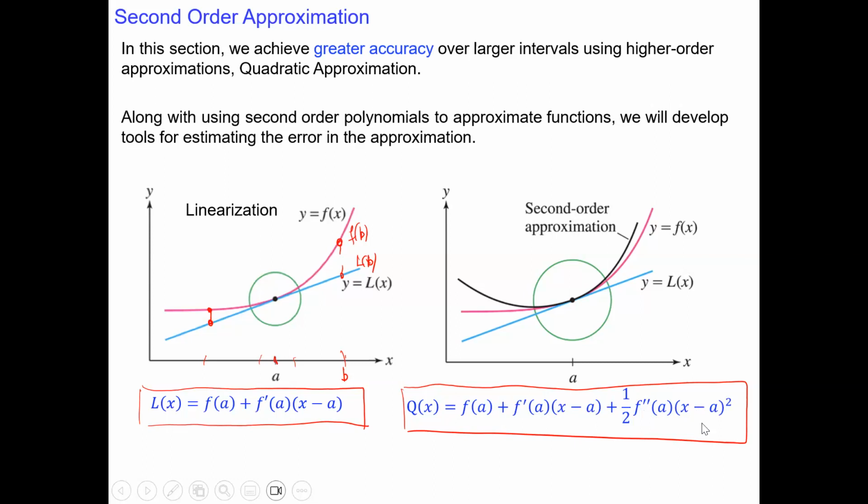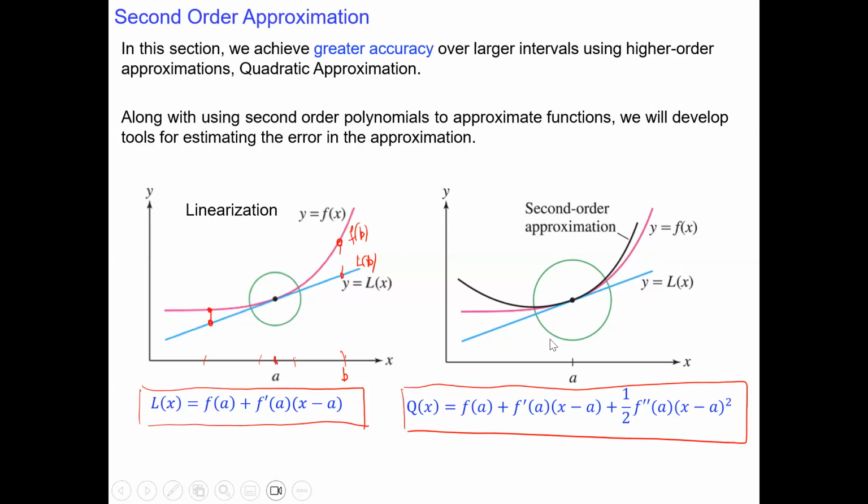If we would like to have the third degree approximation, we will add the third derivative at a times x minus a cubed. That 1/2 will not be 1/3, it will be 1/6. But as I said, we will get to that later. We may definitely see that the quadratic one, the parabola, will estimate the curve a little bit better. The accuracy will be higher.